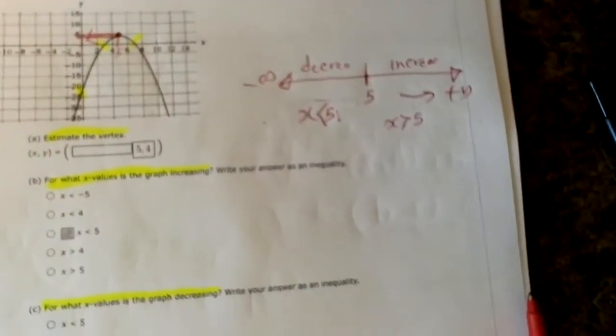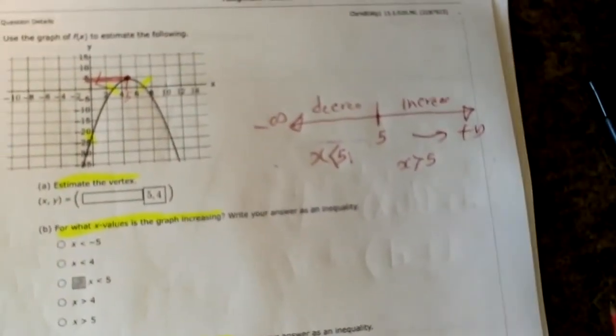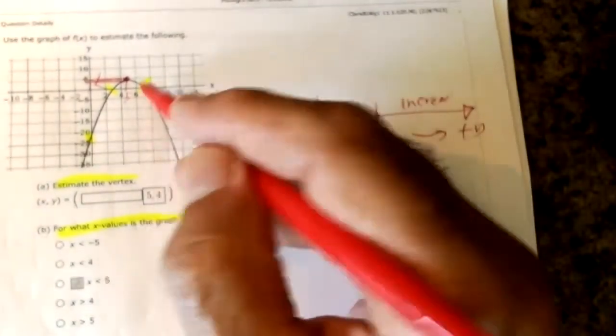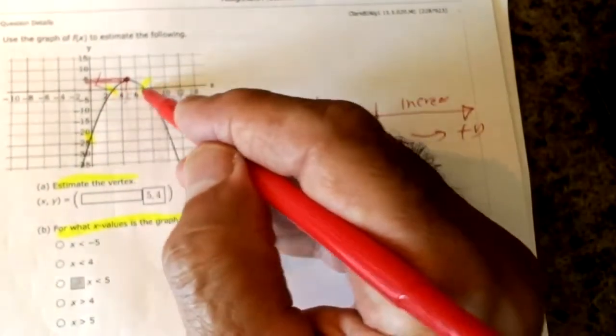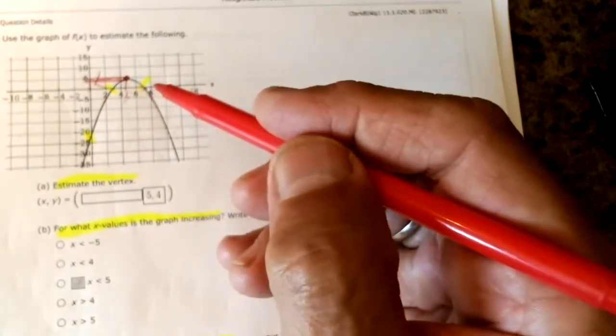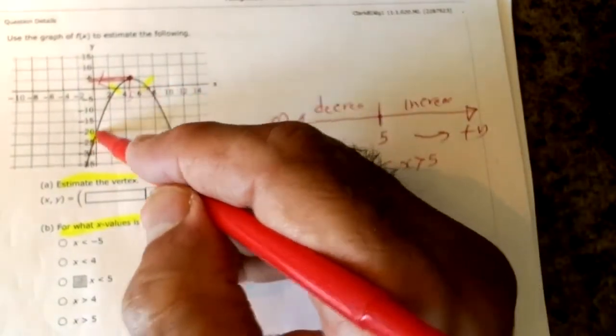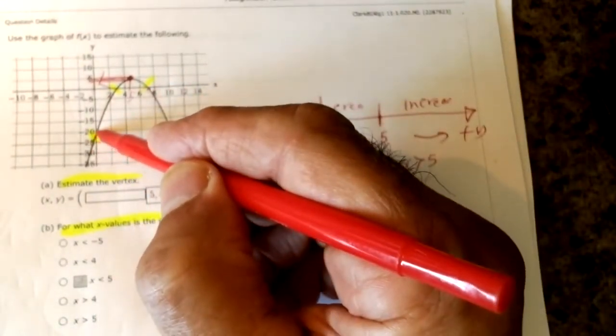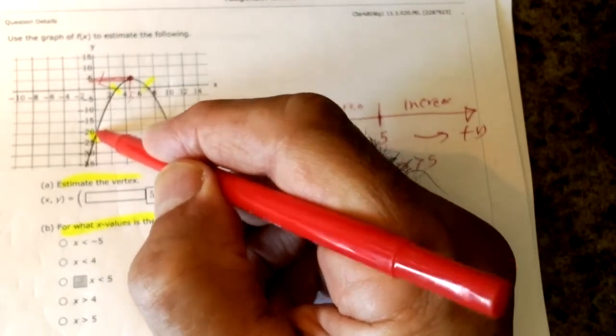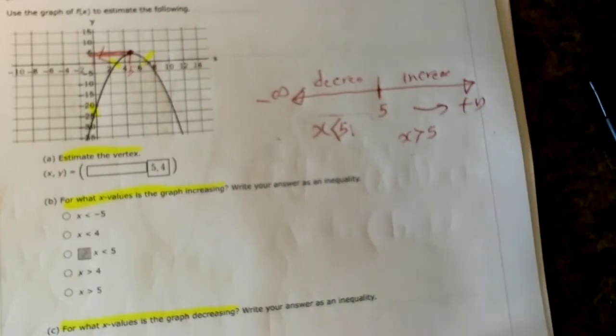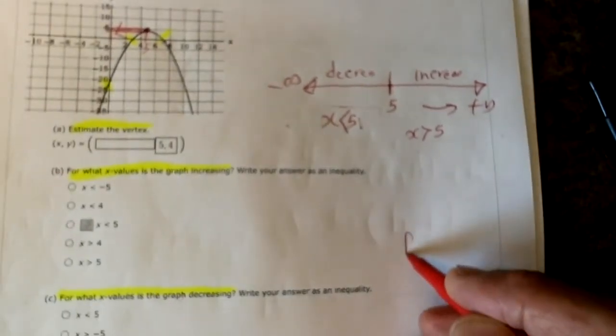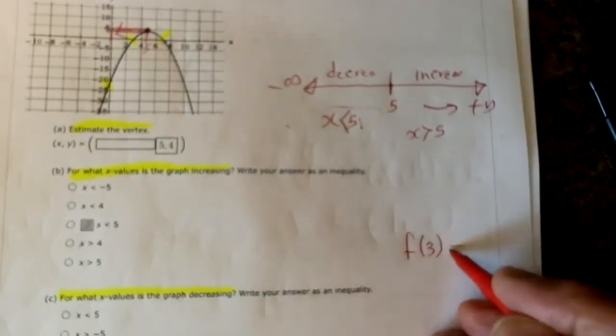All right. Find the x-intercept. Again, they ask you to read the coordinates of these 2 points. These are the x-intercepts, right? What is the y-intercept? This is the y-intercept. And then they're saying find f of 3.